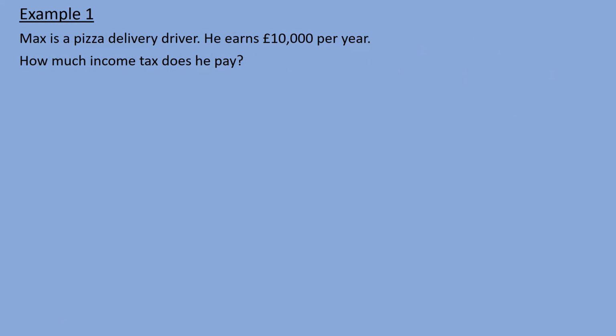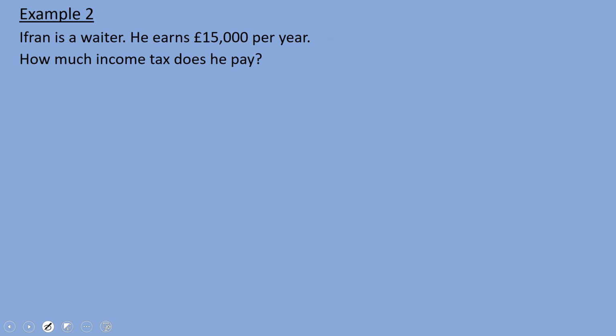Let's look at our second example. So we've got Ifran now, a waiter, earning £15,000. So let's draw our line again. So 0 to 12.5, and 12.5 to 37.5.